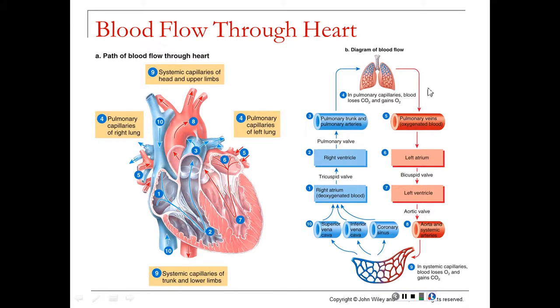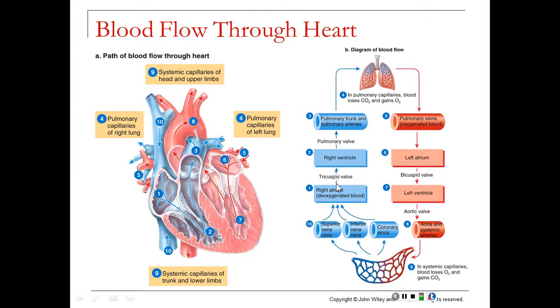If we follow this diagram of blood flow, it's the same thing. It's just not in the heart diagram. It's more general. So you get your pulmonary veins picking up that oxygenated blood, returning it to the left atrium. Oops, I started at the wrong part here. Here's our right atrium with deoxygenated blood from the various parts of our body.